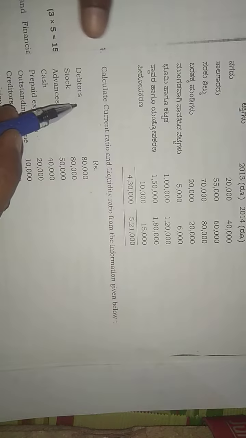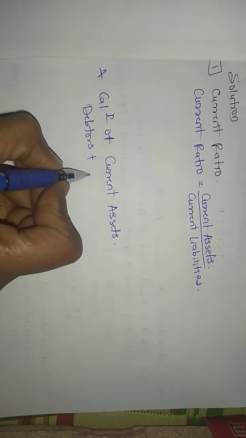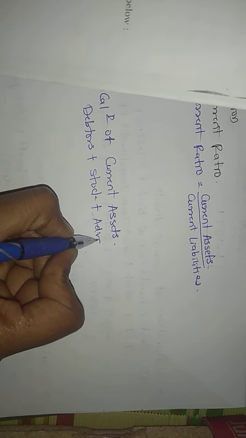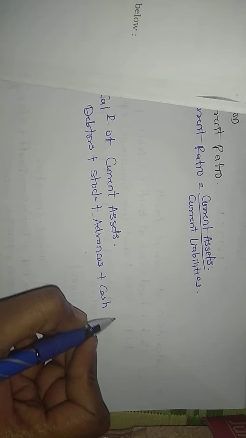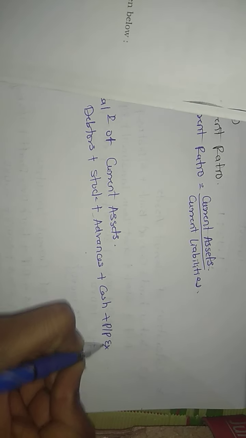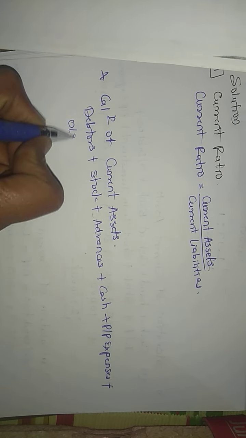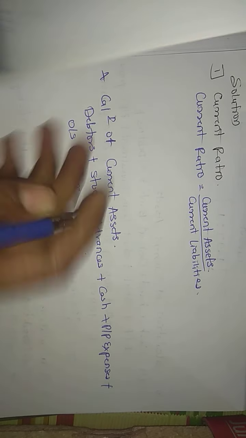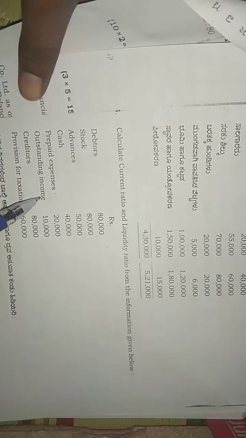See here, first one, debtors plus stock plus advances plus cash plus prepaid expenses plus outstanding incomes. So these all are items of current assets: debtors, stock, advances, cash, prepaid expense and outstanding incomes.